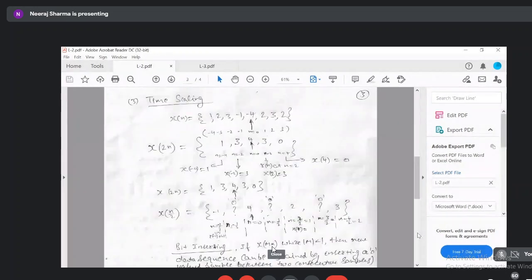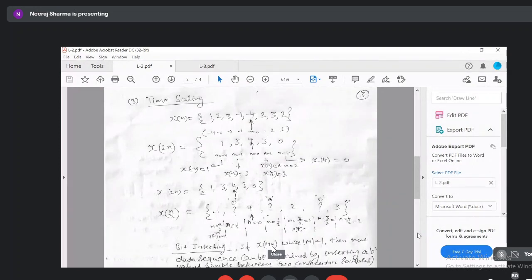Okay, so let us move to the third operation, that is the time scaling operation. This operation is slightly different from the time scaling operation that we did yesterday for CT signal. In this operation, again we are going to see compression and expansion. But this compression and expansion is slightly different from the CT signal, right?